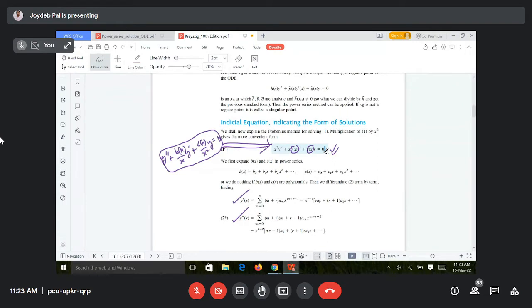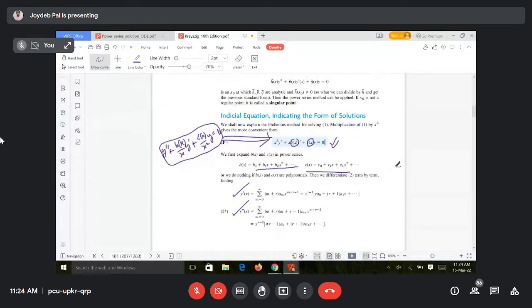So since bx and cx are analytic at x is equal to 0, therefore power series representation exists about the point x is equal to 0, and we are assuming bx is the power series b naught plus b1x plus b2x square and so on, and cx is c naught plus c1x plus c2x square and so on. Fine.